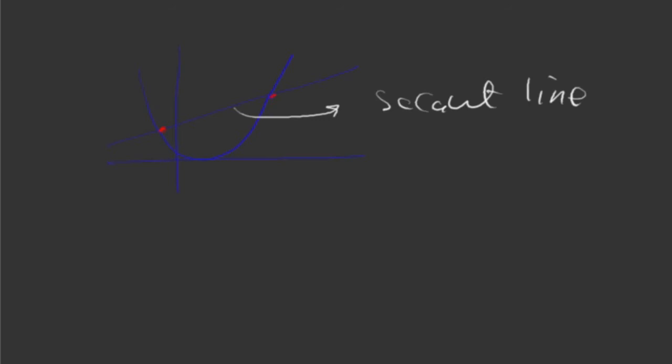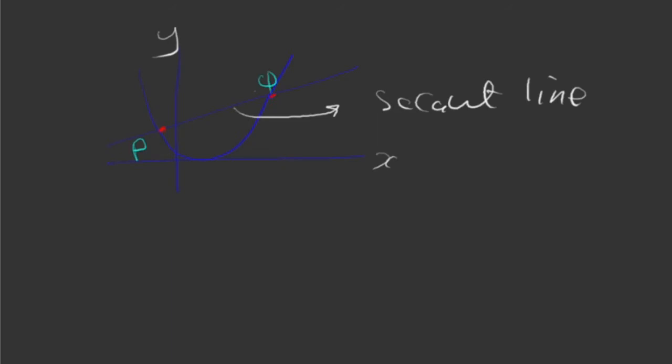It's a quadratic graph. Let's define the points. You start from the left, so this is P and this is Q.